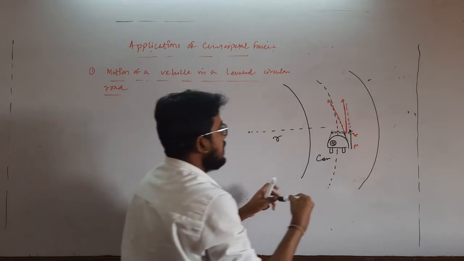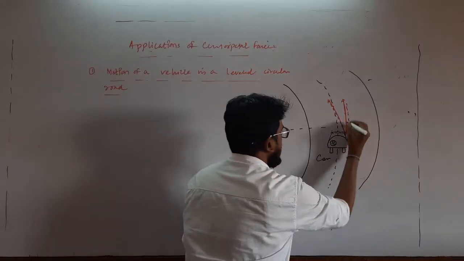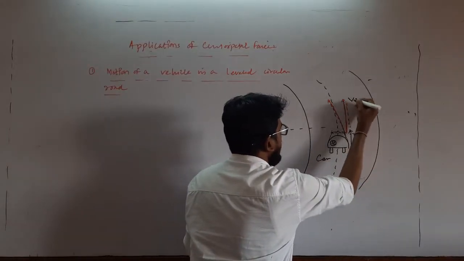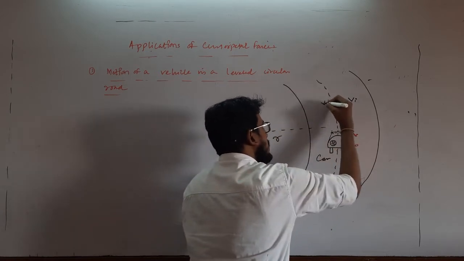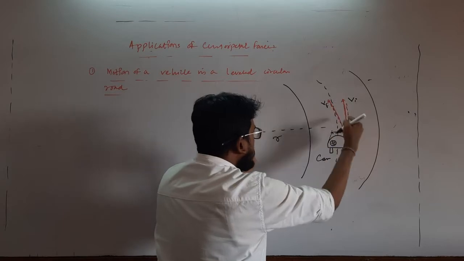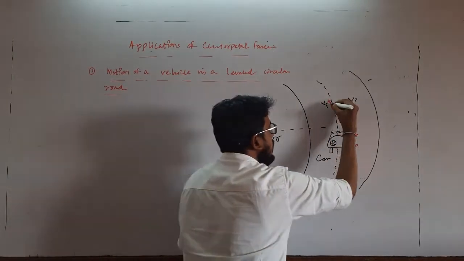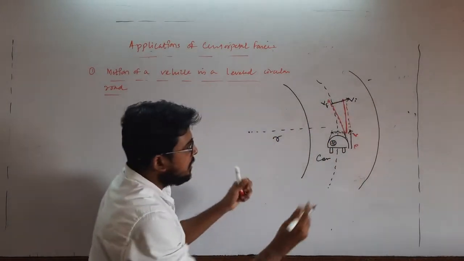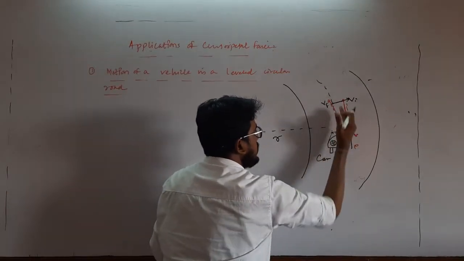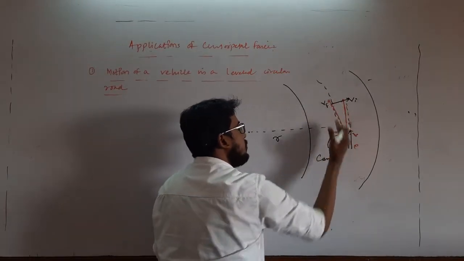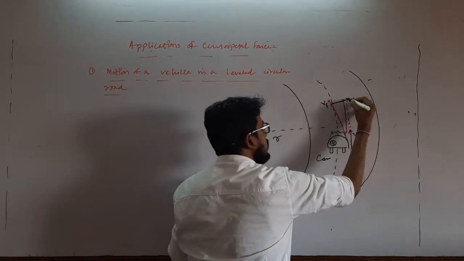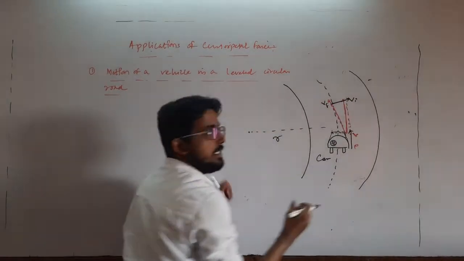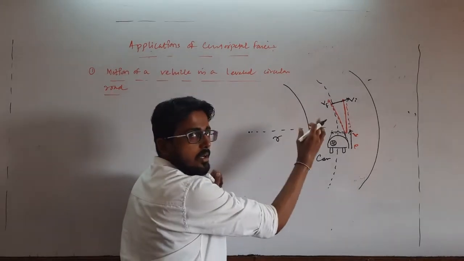As the vehicle initially moves along this direction, this is v initial, but due to the turning of this road, the vehicle goes along this direction. So the intention of motion of the vehicle due to inertia will be along this direction, to maintain the initial direction due to inertia of direction.